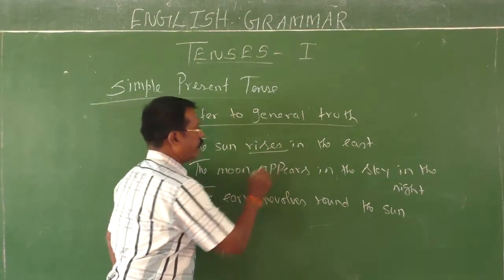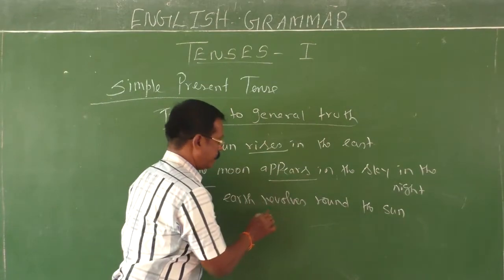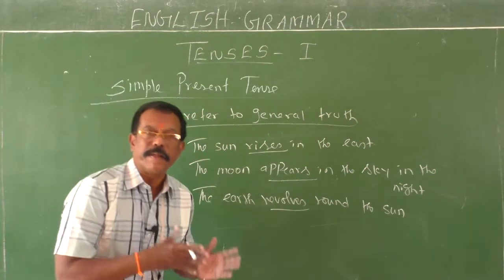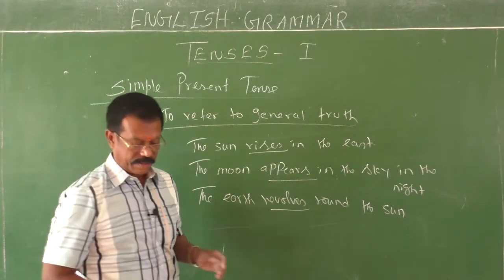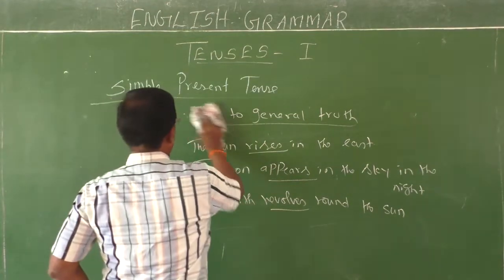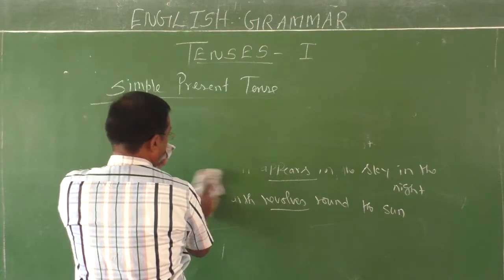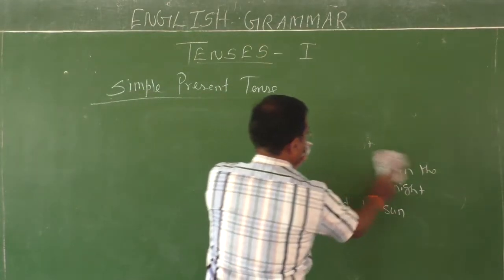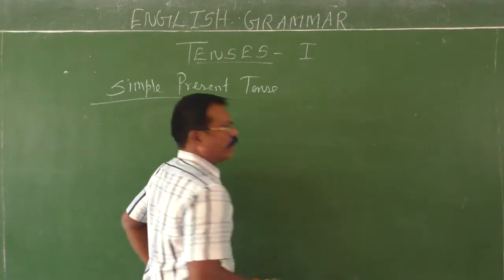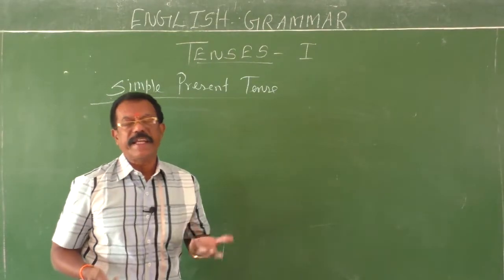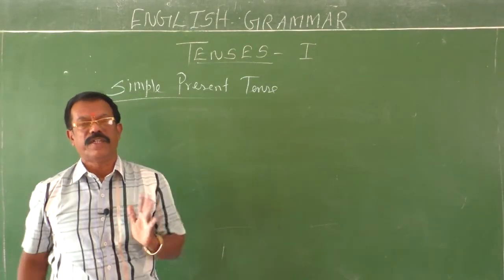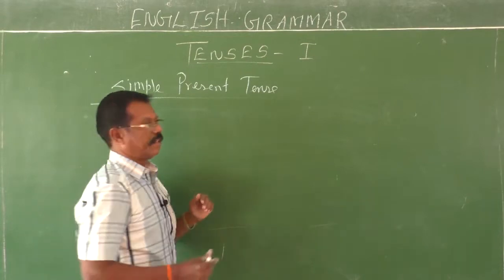See, the verbs rises, appears, revolves, they are said to be in the present form. Okay, then some pre-planned actions which will surely happen. See, to refer to a definite action which will happen in future, we can use simple present tense.